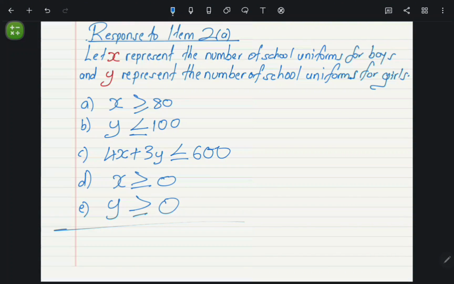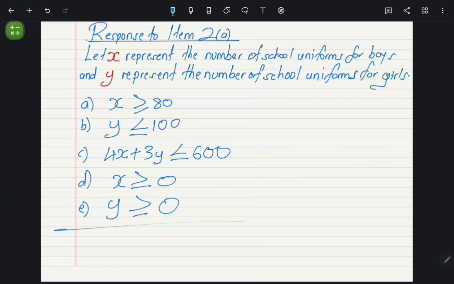So we need to go and extract out that statement, because that statement is going to give us the expression that is going to help us to figure out the maximum number of uniform sets to be made by the tailor.